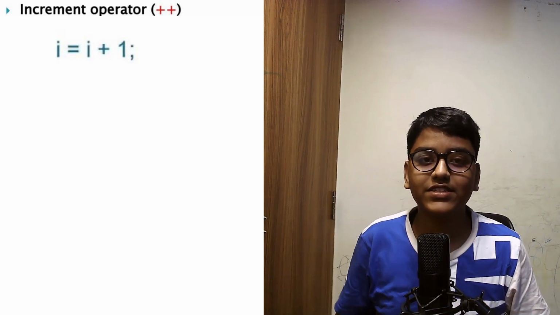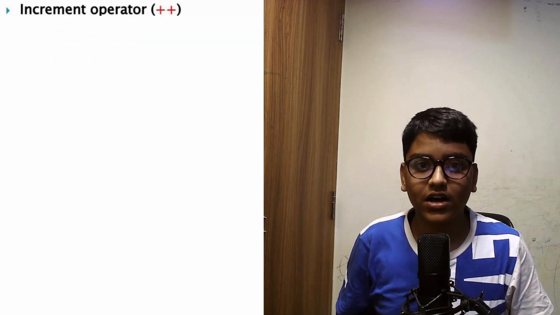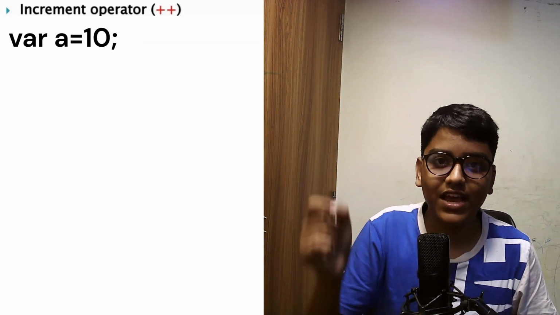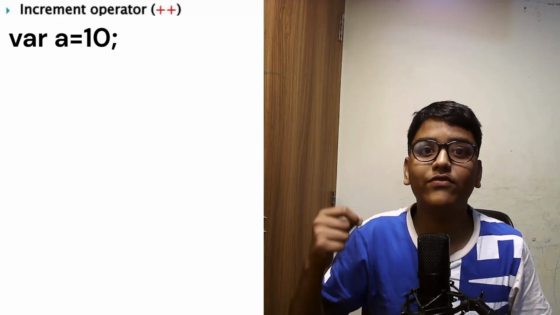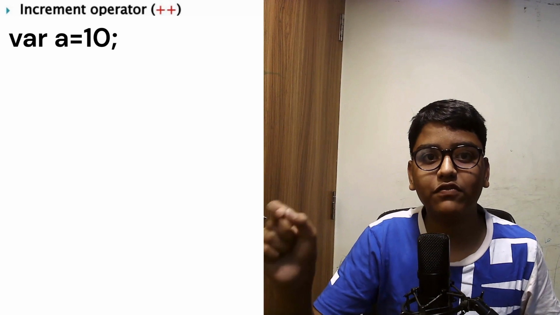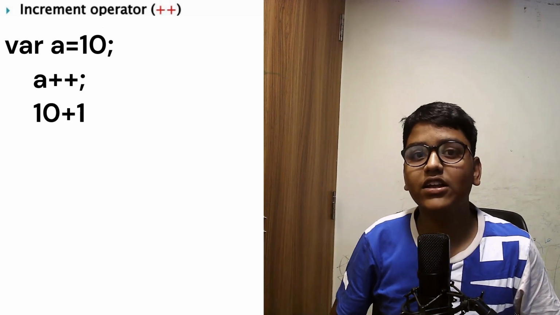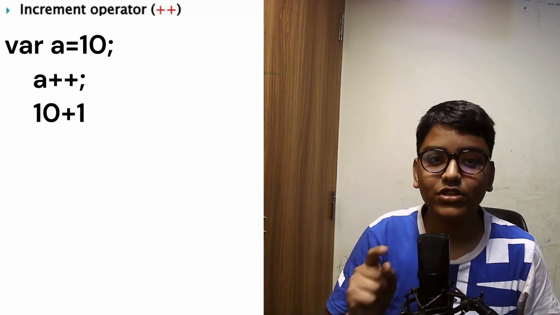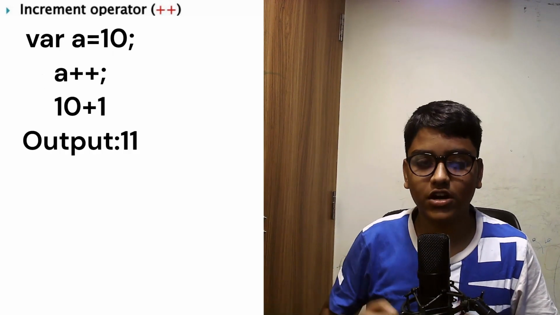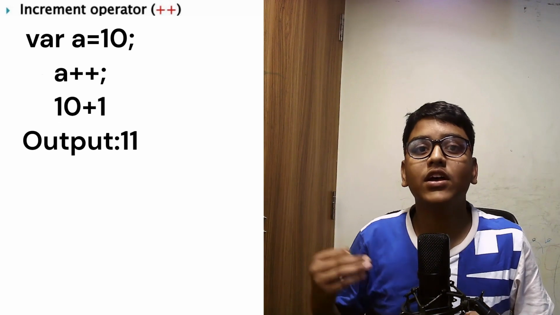For example, let's say over here we have a variable with name A, and value 10 is assigned to this variable A. Now when we use this increment operator for this variable A, then number 1 will get added to this variable A, and the value or the output of this variable A will be 11 now.